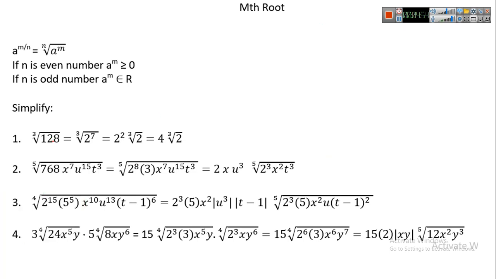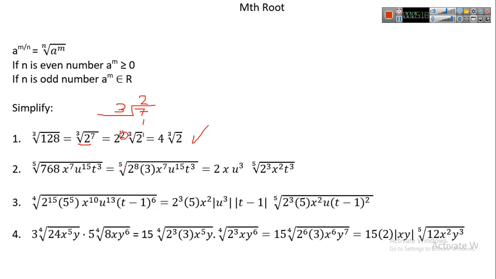So let us start. The cubic root of 128 is 2 power 7. If you divide 7 by 3, it will be 2 and the remainder is 1. So 2 power 2 here and 2 power 1 inside. So 4 times the cubic root of 2. Next, 768 is 2 power 8 times 3, x power 7, u power 15, t power 3.